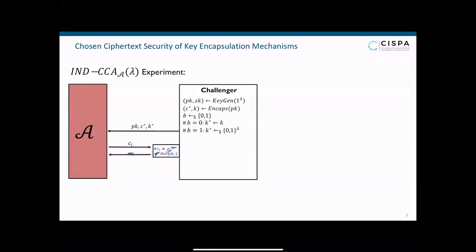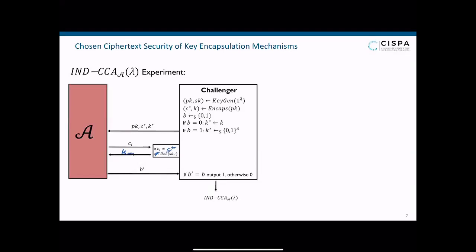And here, let's call these not M_i, but K_i. In the end, he has to guess the bit B, which signals whether the key K star that he got actually is the key that's encapsulated in C star, or if it's just a fresh uniformly random key.